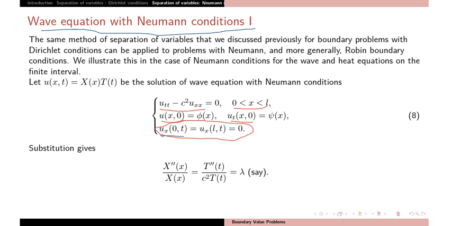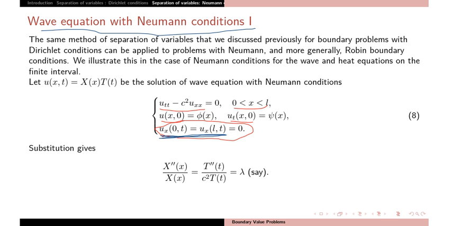So ux is 0 at x equal to 0 and ux is 0 at x equal to L. If boundary conditions are in derivatives, then we say these are Neumann boundary conditions. And separation of variables can be applied for Neumann and even for Robin, mixed boundary conditions.